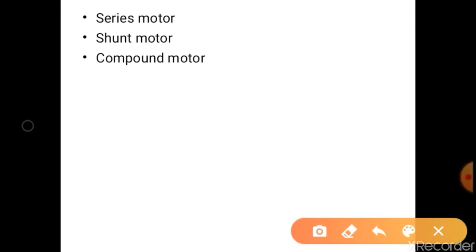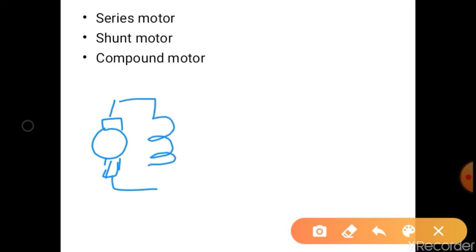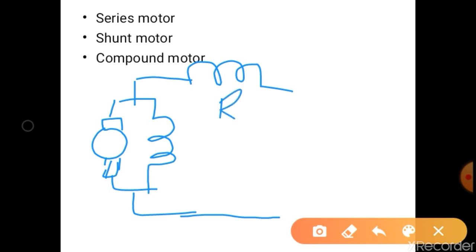In the case of short shunt DC motors, the armature is connected in parallel with the shunt field. The combination is connected in series with the series field winding.